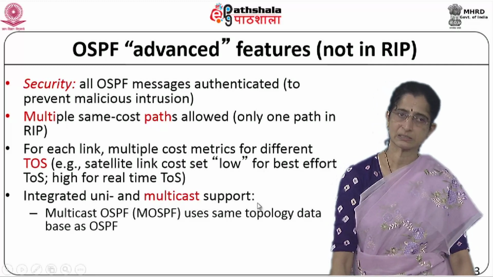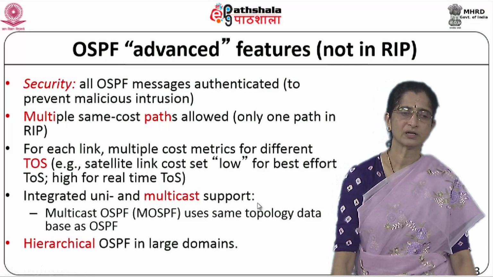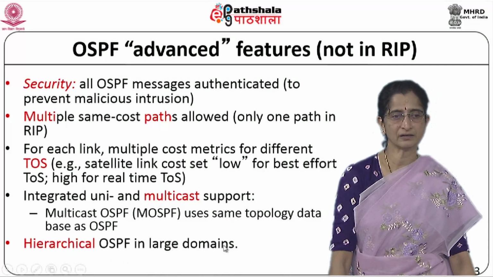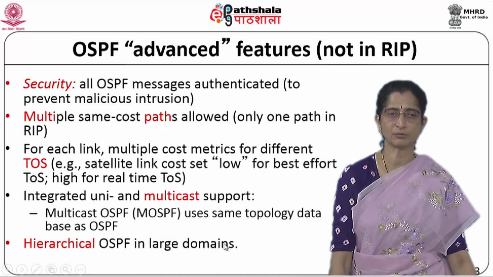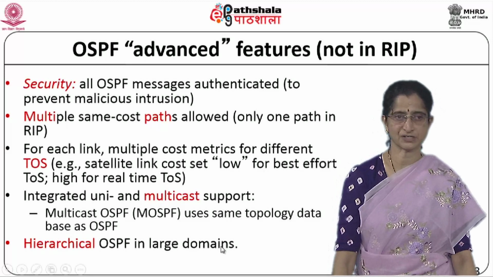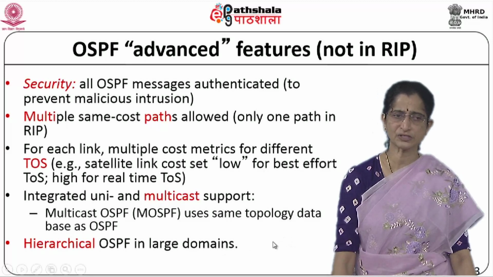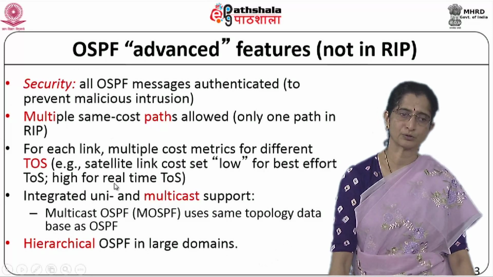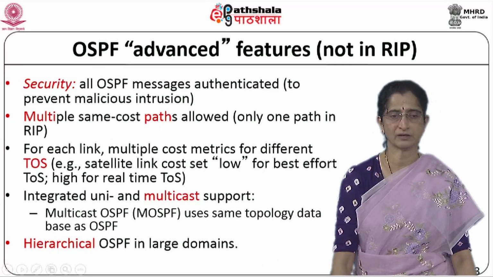These are some of the special features of the OSPF protocol, and of course, with hierarchical OSPF in large domains, you are able to handle a much larger number of routers in the network with the same or better efficiency. For this reason OSPF is beginning to be one of the more popular protocols, though of course RIP is also used in many networks.